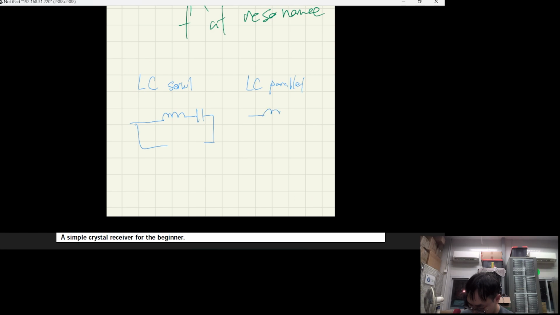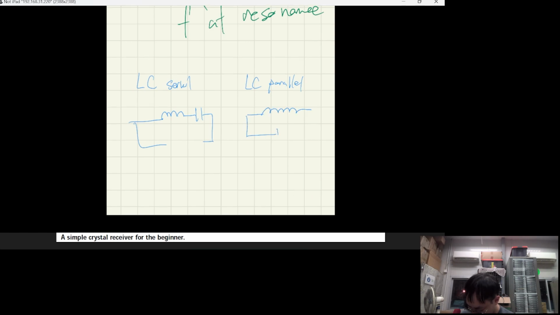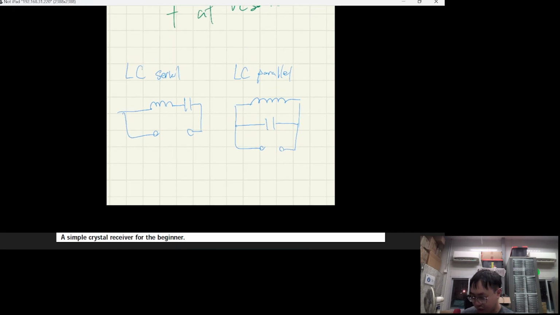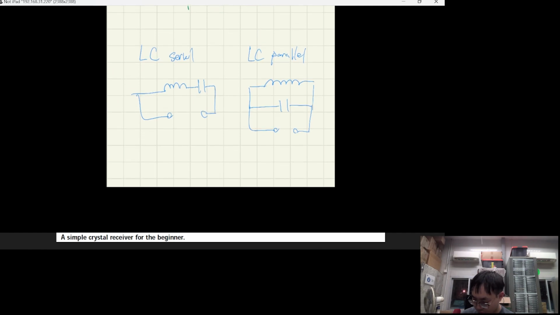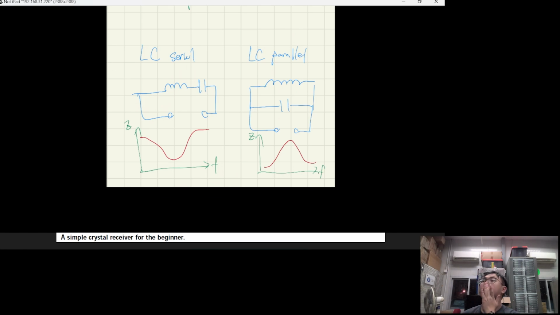Let me draw a bit better. For these two different kinds of LC circuits, you have different diagrams. When it is at resonance, it will be like this. But for LC parallel, the resonance goes like this. So it's a bit weird, right?